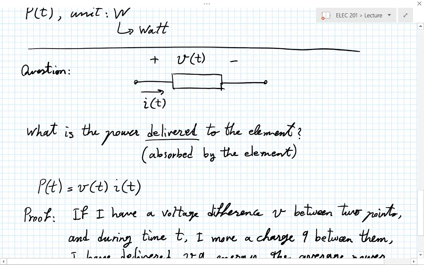In which case, the power delivered to the element will come out as a negative number. Now, if the power delivered to the element comes out as a negative number, it really means that the element was delivering power to the outside. Okay? And that goes back to the question we had originally about the direction. Okay.